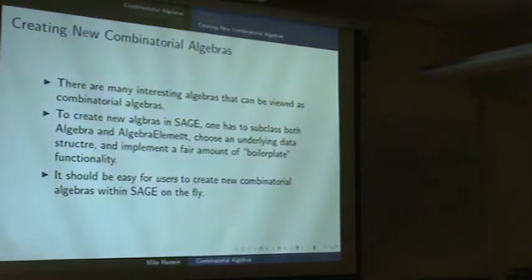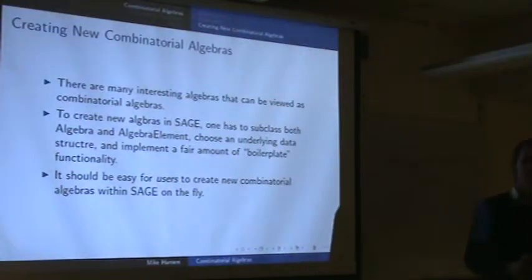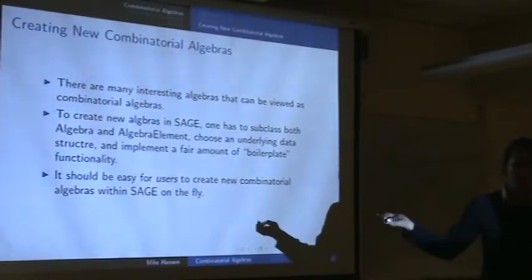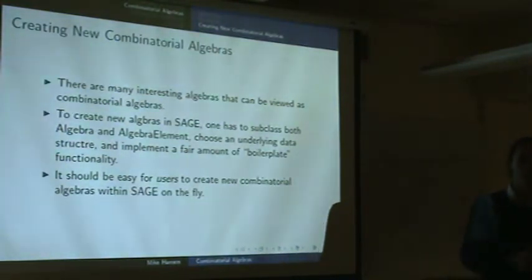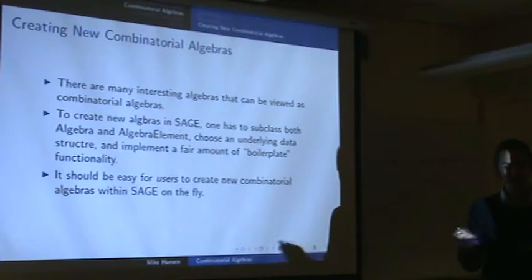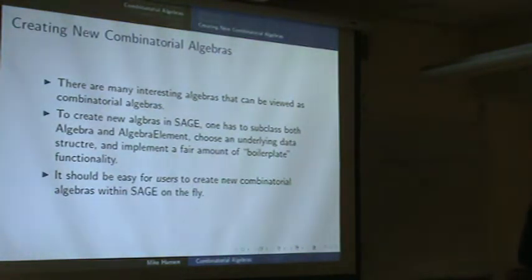But it should be easy for new users to create these combinatorial algebras, just because it's pretty easy to come up with a new one, and there are lots of things that you may want to do.